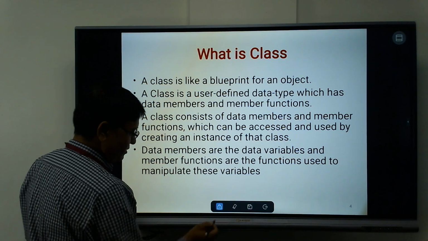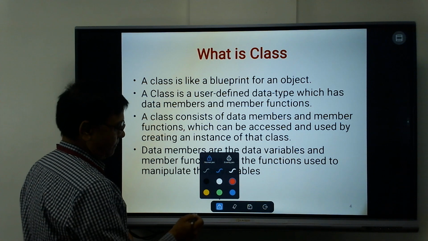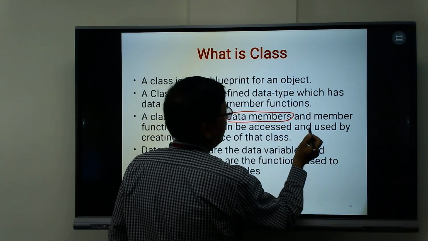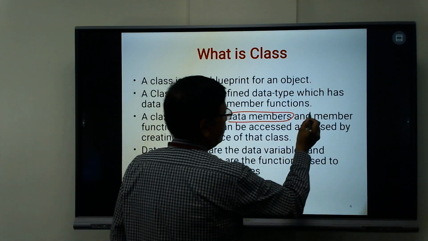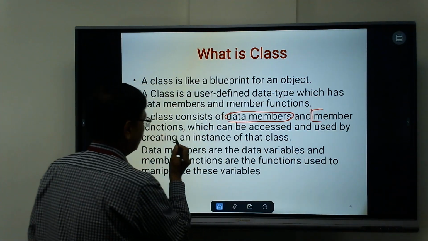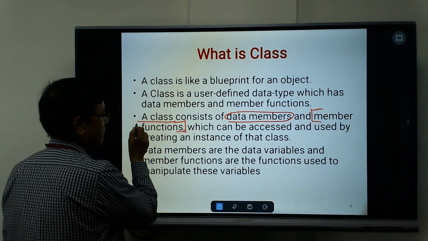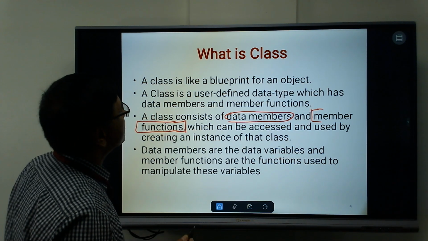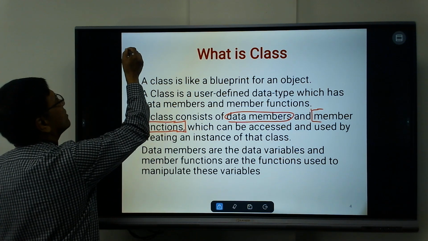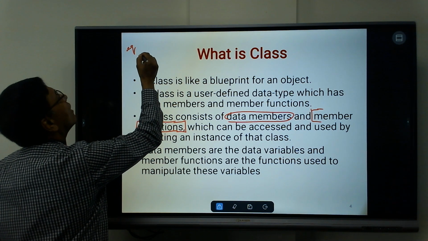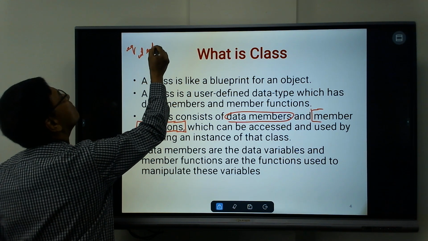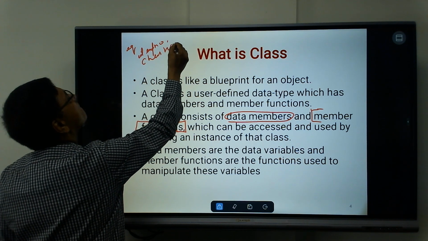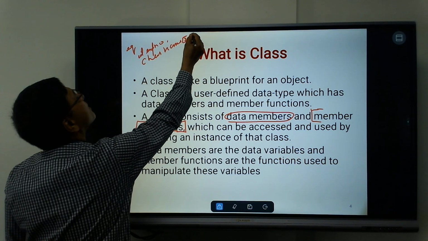See, I will explain this. These are the data members, and these are member functions. Fine. Member variables. What is the meaning of data members? For example, int emp no, char name[20].